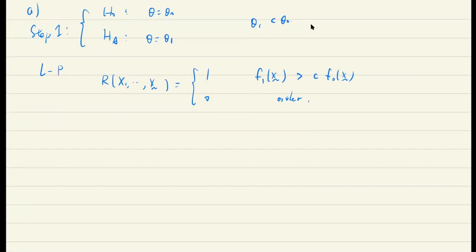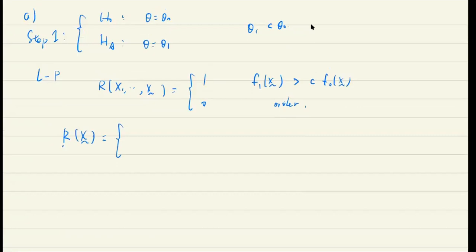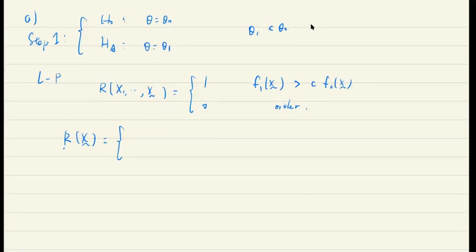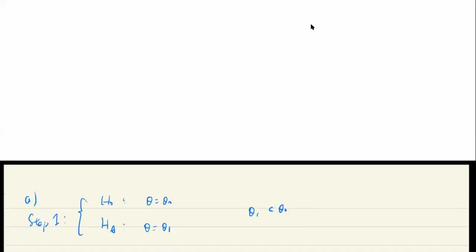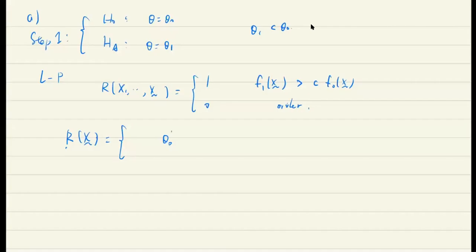Let's look at this. f1(x) is the product of the densities, so it is theta 1 to the power n, exponential of negative summation of xi, and now generalize some constant theta 1 to this.